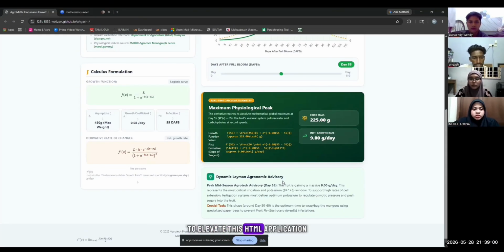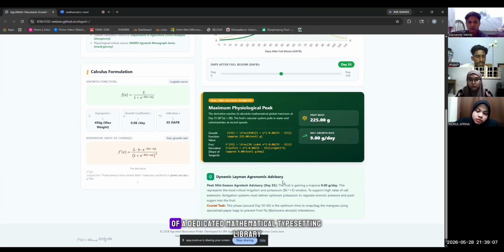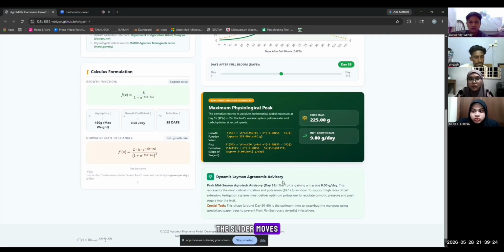To elevate this HTML application to production-grade standard, my primary recommendation is to integrate a mathematics typesetting library like KaTeX or MathJax. Currently, while our core calculus formulation renders beautifully, our dynamic real-time telemetry panel outputs raw, unrendered LaTeX strings directly into container text when the sliders move.